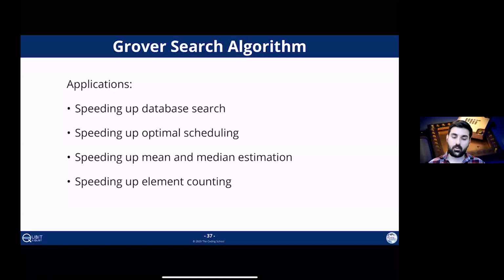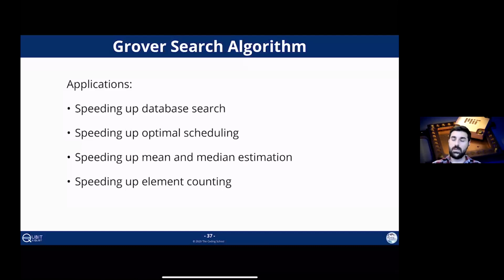Now, Grover's search algorithm has many applications. Of course, it speeds up database search. As we discussed, if you're looking for a certain element and you know what the element is, you can find which cell contains that element. But it can also speed up optimal scheduling. So for example, if you're trying to schedule flights in a way such that you're making optimal use of your aircraft and your airport landing spaces, it could also help with that.